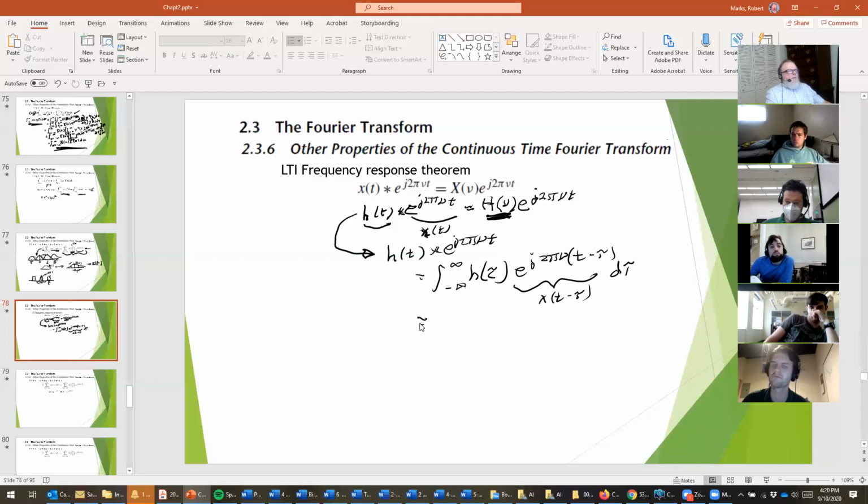Notice that we're integrating with respect to tau, so we can suck out part of the integration here.